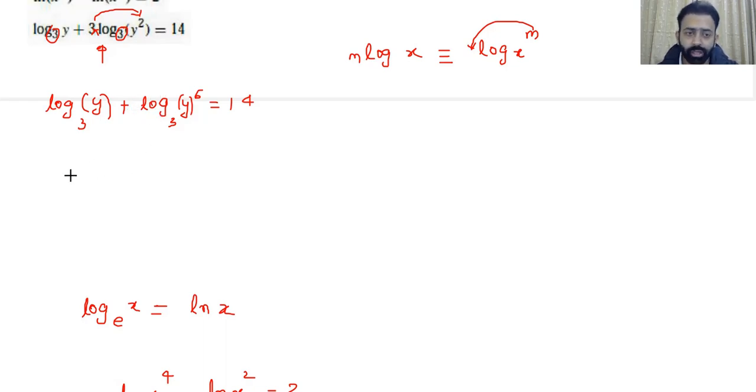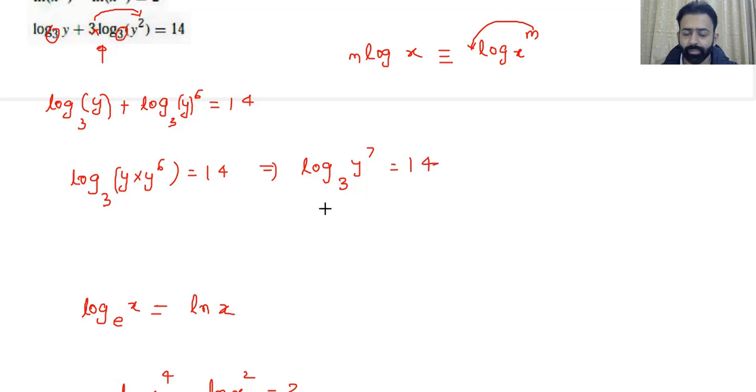Okay, now we can apply log a plus log b, which is log ab. So I can write this as log y into y raised to power 6 base 3 is equal to 14. Meaning log y raised to power 7 with base 3 is equal to 14.